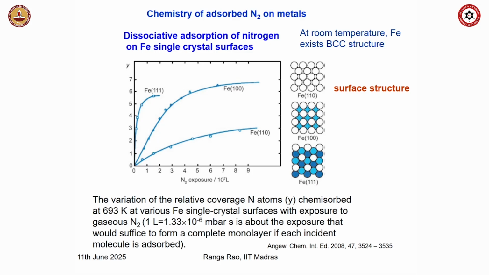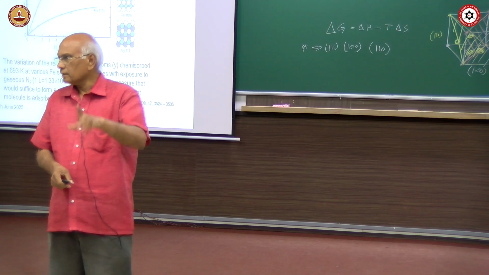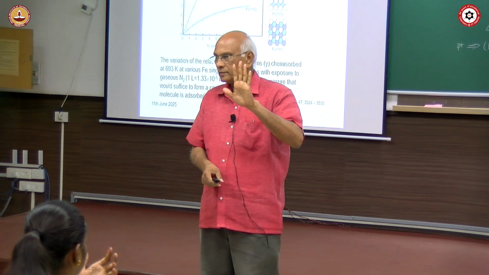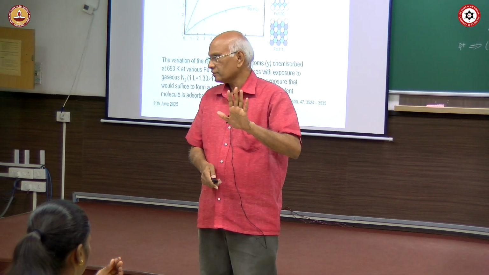Whereas in this case, 110, it is very slow. Which plane is more reactive, which plane is more active for nitrogen adsorption? The 111 plane, right? So if I have a catalyst with iron particles containing the 111 plane, then that will be more active. That is the conclusion, right?